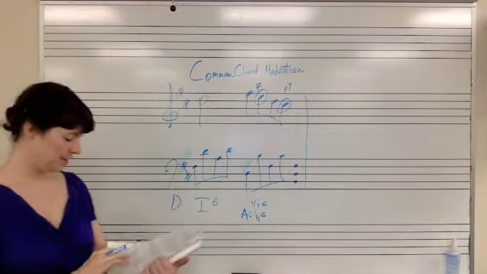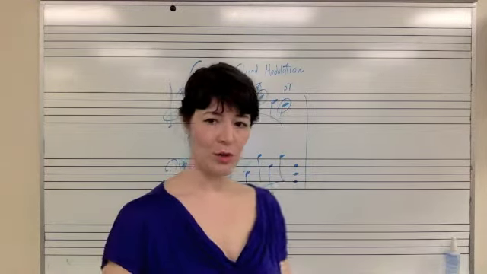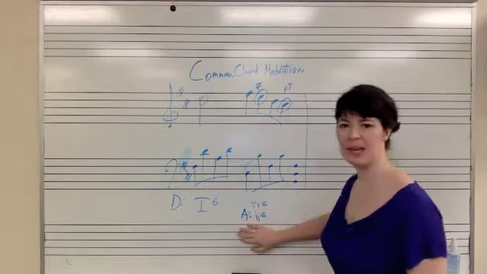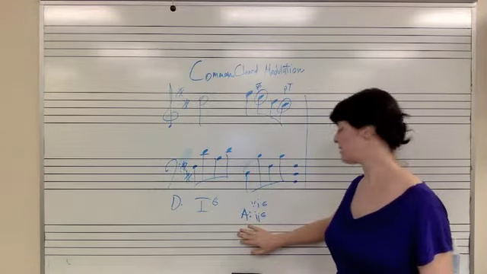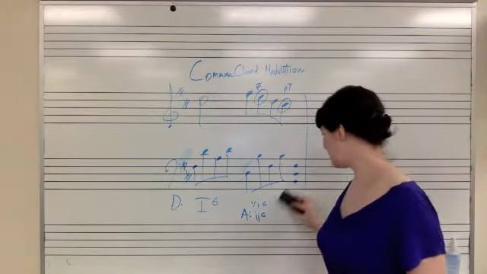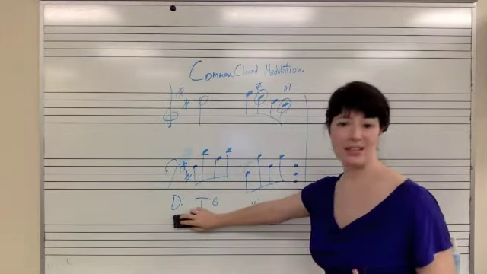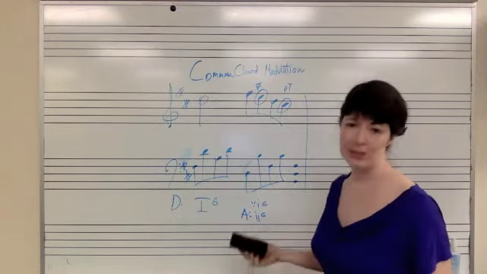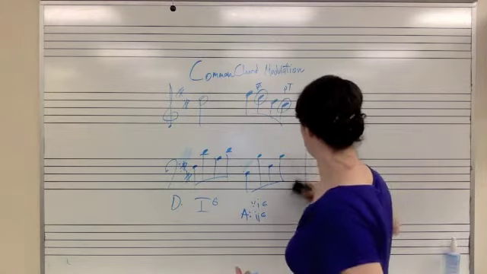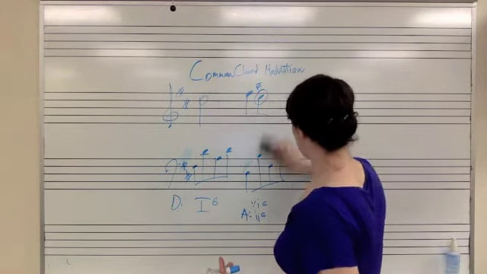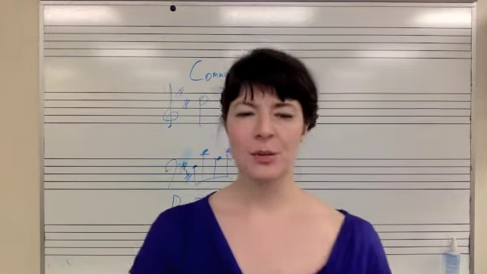All right? So that's common chord. It's basically when one chord can be analyzed 2 different ways. So this B minor chord exists in D major as a 6 chord, and it exists in A major as a 2 chord. Okay, so let's listen to that and hear what it sounds like.